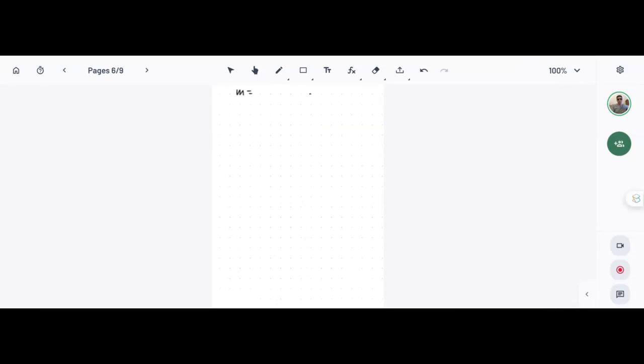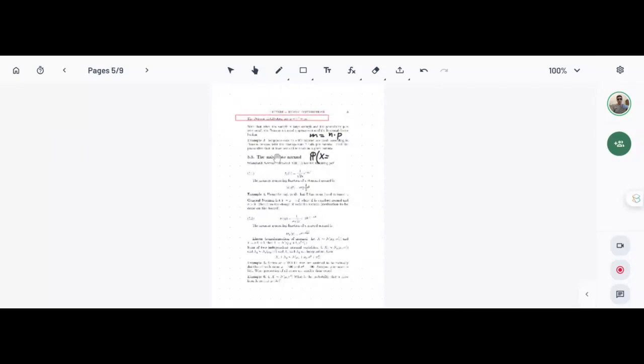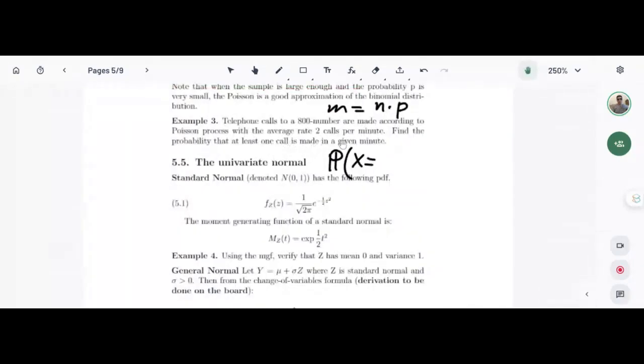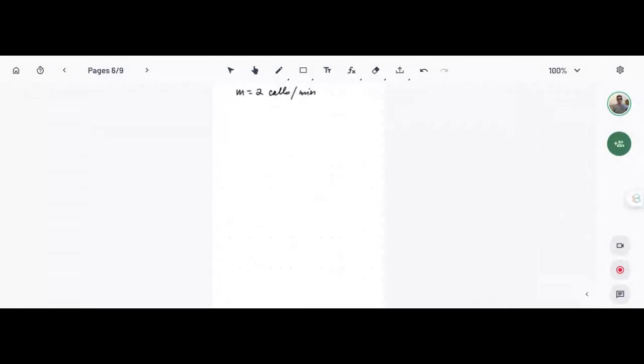we have m, the intensity parameter, equal to 2 calls per minute. Yes, let me check it again. So you have 2 calls per minute, and it's going to be a Poisson distribution. We are interested in the probability that x is greater than or equal to 1, which is exactly equal to 1 minus the probability that x is exactly equal to 0.